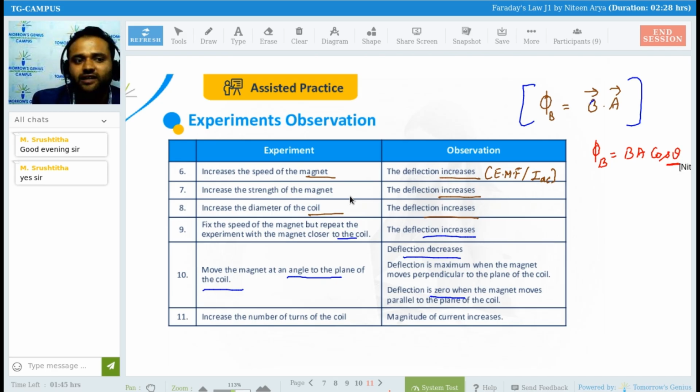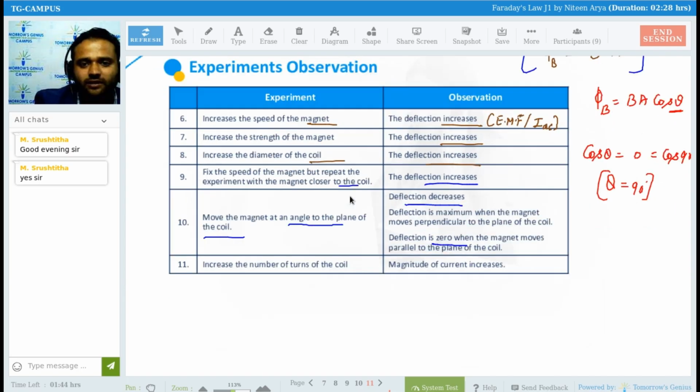And this theta is the angle to the plane, and deflection being zero means phi B is zero, not because of B or A or movement, but because of this theta. When cos theta is 0, it means cos 90 degrees. Simple, theta equals 90 degrees. That is the meaning of stating this at an angle to the plane.